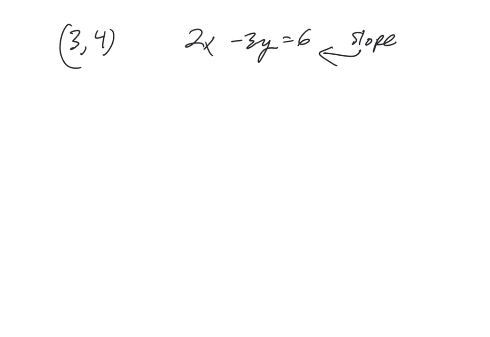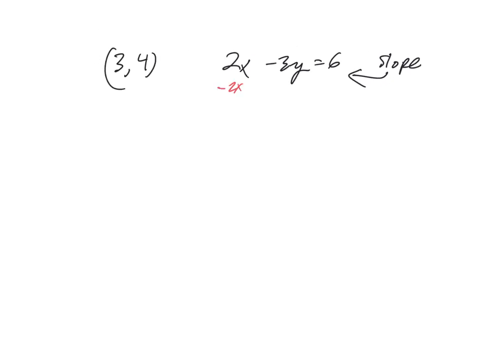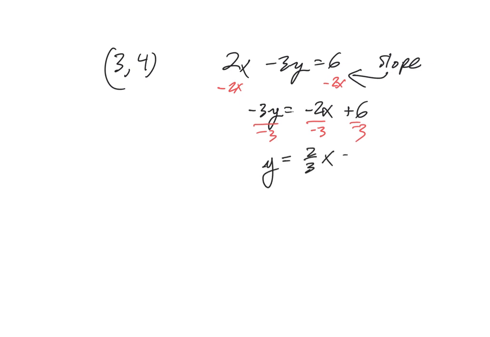So that means subtracting 2x from both sides. So I'd have negative 3y equals negative 2x plus 6. And then going to divide by negative 3 each item. So I'm left with y equals positive 2/3 x minus 2.